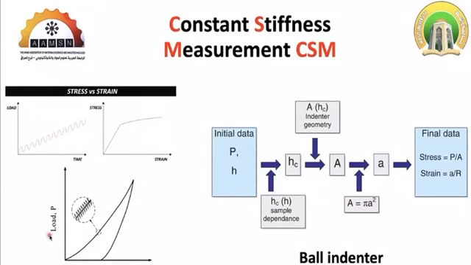So the idea is applying a sinusoidal, incrementally increased load for the loading segment and getting the mechanical properties for every single point of the load. Every single point of the load can be defined in terms of hardness, contact stiffness, and reduced modulus.